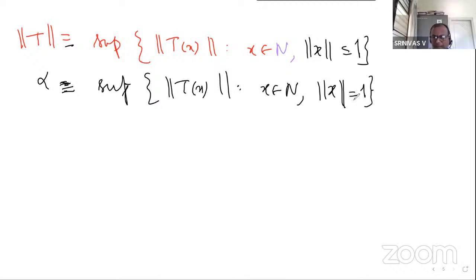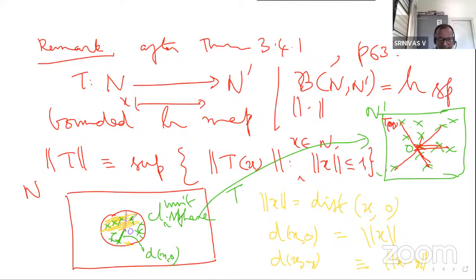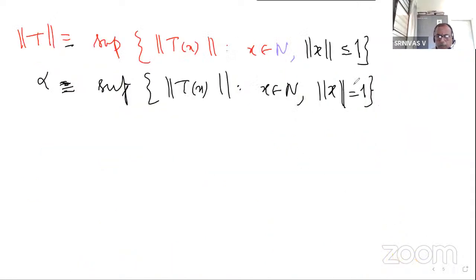I'm taking the points on the circle only, that is equality only. I'm not taking the points inside of the circle, so their norm values are ones. On that circle we let x vary, look at the corresponding images, and take this sup.